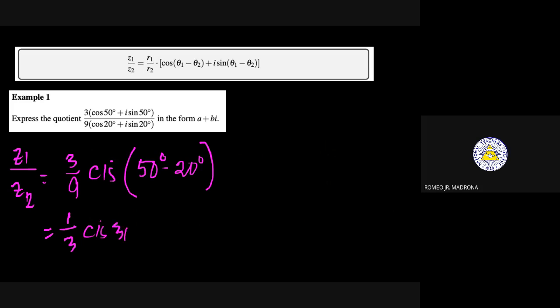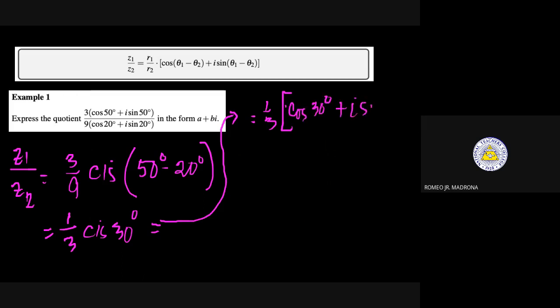This is, ano ba to? 30 degrees. Yan. Di ba class, pag nakakakita ka ng special angle, parang nabubuhayan ka, no? If you feel that, then we feel the same thing. Okay. Sir, how about sir pag hindi? Eh, congratulations. Kayo, nasa inyo yan. Okay, 30 degrees. So, 1/3.